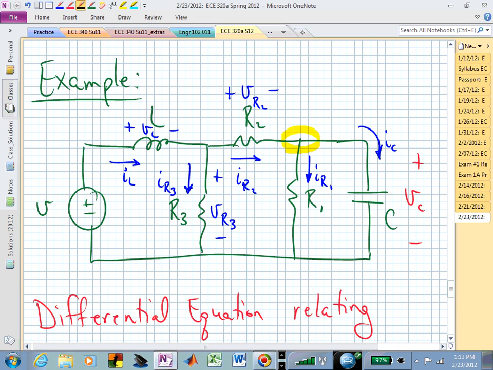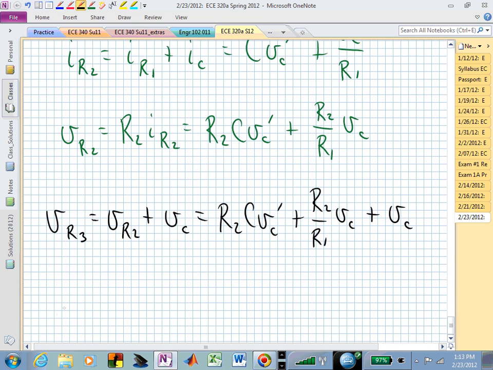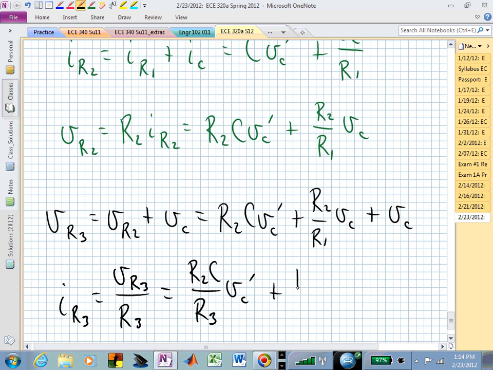I can compute the current through that resistor. That's simply I sub R sub 3, which is V sub R sub 3 divided by R sub 3. Or I now have R sub 2 C over R sub 3 V sub C prime plus R sub 2 over R sub 1 R sub 3 V sub C plus 1 over R sub 3 V sub C.